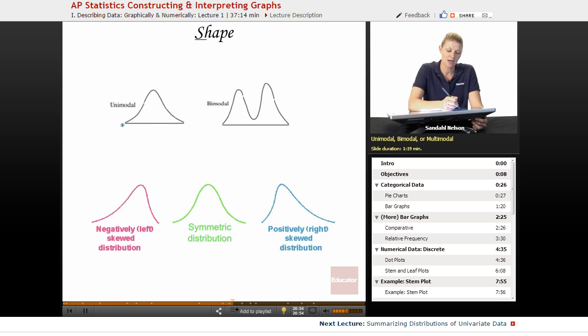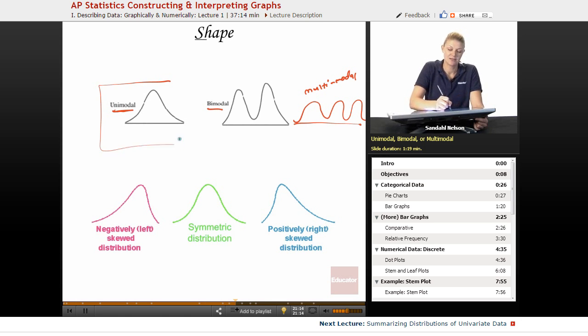As long as we can kind of sketch a shape over it, we can say what the shape is. So the first thing you're going to look for is is it unimodal or bimodal, or it could even be multimodal if you have enough data points. But the majority of AP Stats, you're going to be dealing with unimodal distributions.